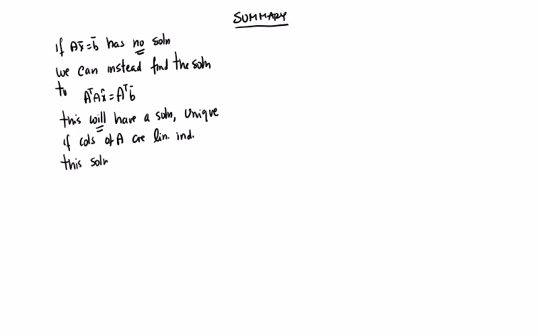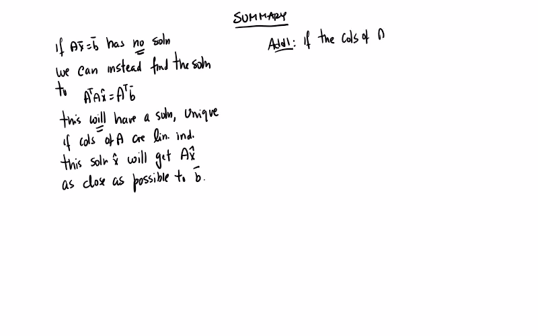This solution, x hat, just so we're clear, will get Ax hat as close as possible to b. Now, there's one last thing we can note. If there's a unique solution, in other words, if the columns of A are linearly independent, then we can actually rewrite this thing.